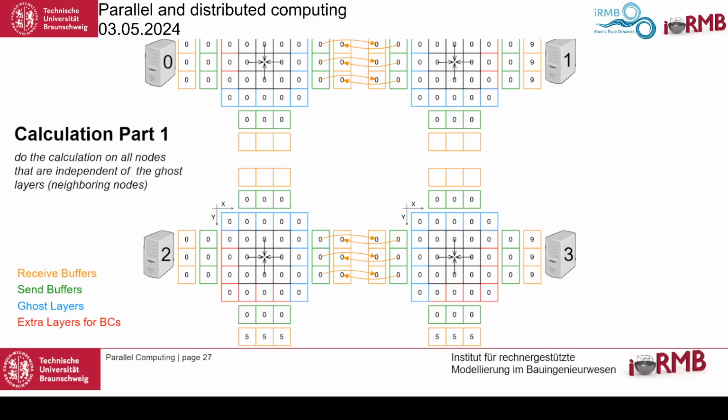Then there is one more thing that I wanted to address. So you are doing the sending and the receiving, and what you could obviously do now is to send stuff and wait until you get stuff and then do the computation.